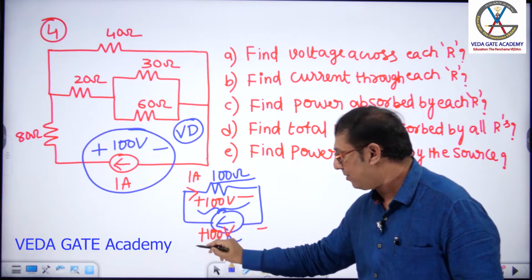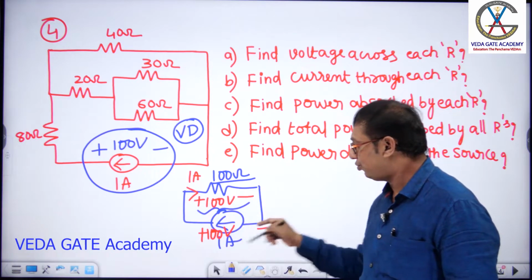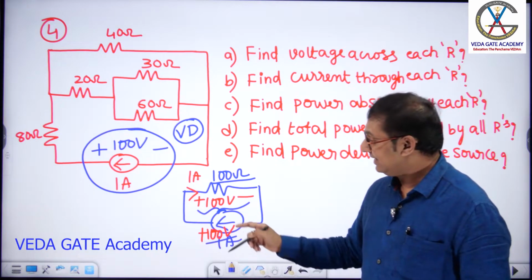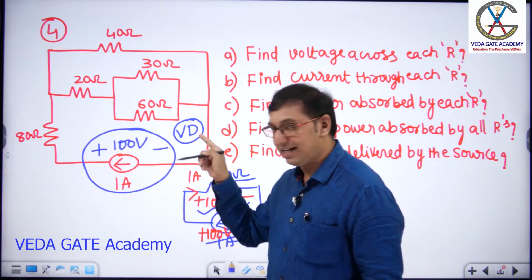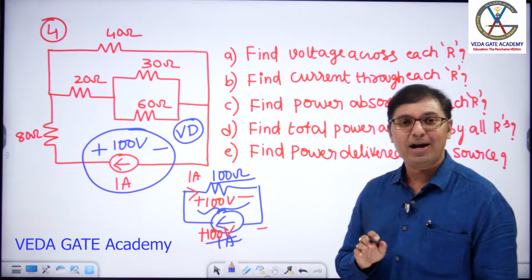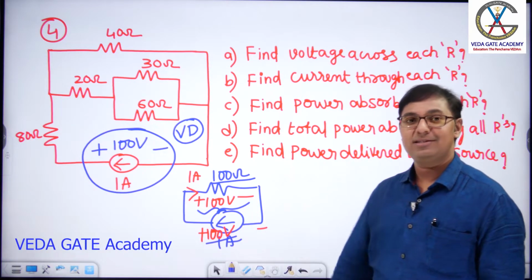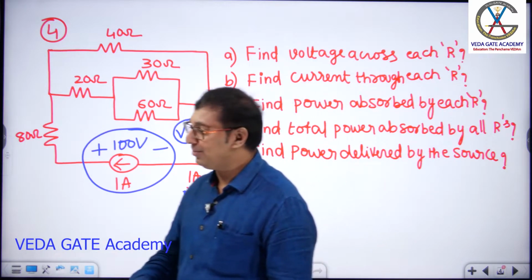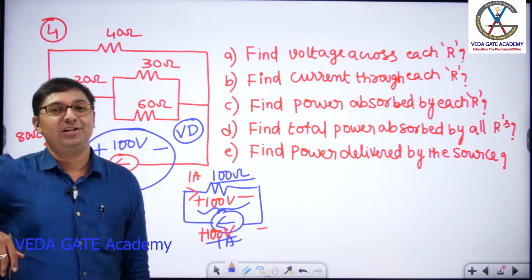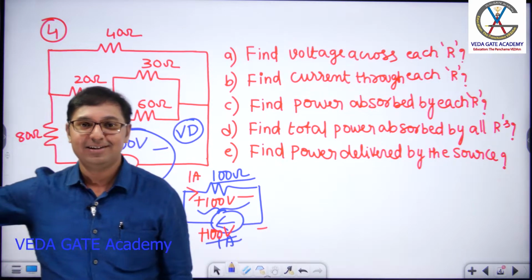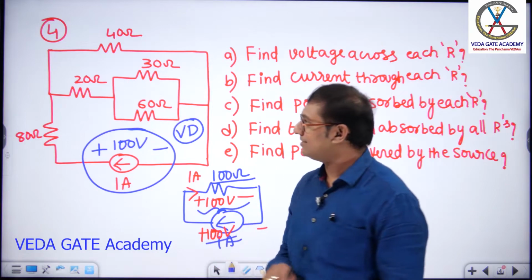By KVL, arbitrarily two polarities, started positive, go to negative, the same 100 volts I am putting across the current source. Now you apply voltage division and get voltage across all the branches. This is the fourth question. Clear? Right. So, 4 questions discussed.